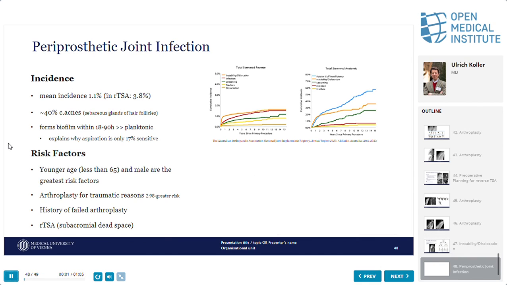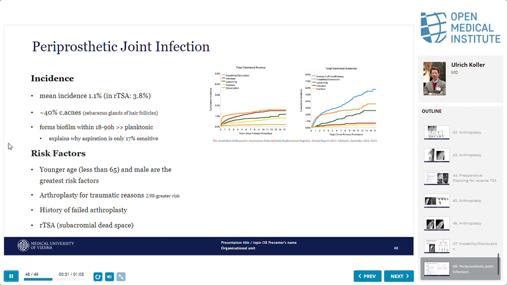Two slides with periprosthetic infections. We don't have that much incidence, we have an incidence of 1% for all shoulder arthroplasties. The reverse total shoulder arthroplasty has a little bit higher incidence of infection. That can be because we have a lot of space in the supracromial region due to medialization and distalization.